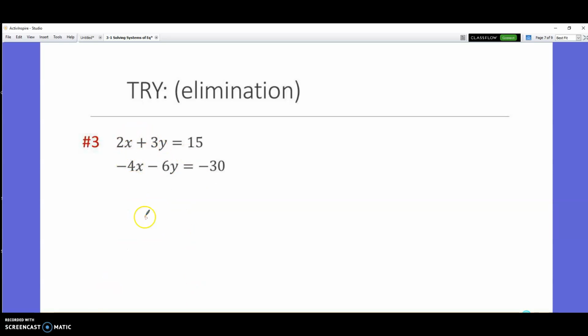Okay, if you solve this one, you would have gotten 0 is equal to 0, which is a true statement. It is always true. 0 is definitely always equal to 0. If you get something that looks like this with elimination or with substitution, then your answer is going to be infinitely many solutions.